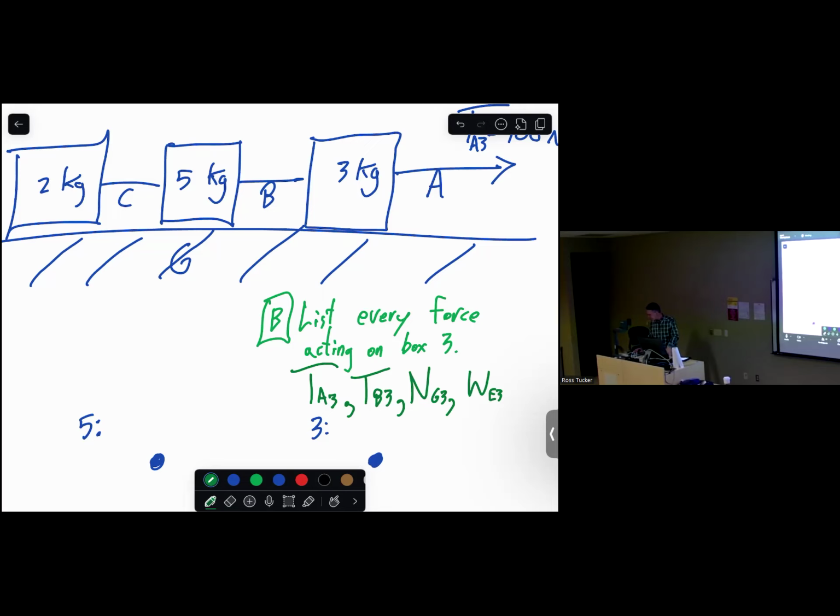Let's try again. This is a big missing thing. Let's go easier. Can you list every force? Let's make it easier. Horizontal force acting on box 2.